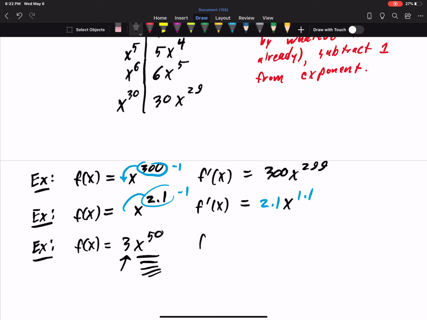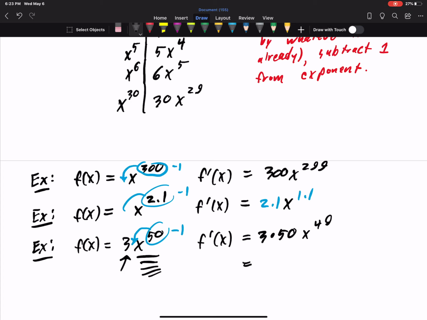What do I mean by that? So here what we're going to do is we're going to leave that 3 there, and then we're going to take our 50, move it down in front, subtract 1 from the exponent as we did before. But now we're going to multiply that 50 by whatever's already there. So in this case, we're just multiplying it by 3. So we have 50 times 3, x to the 49th power.